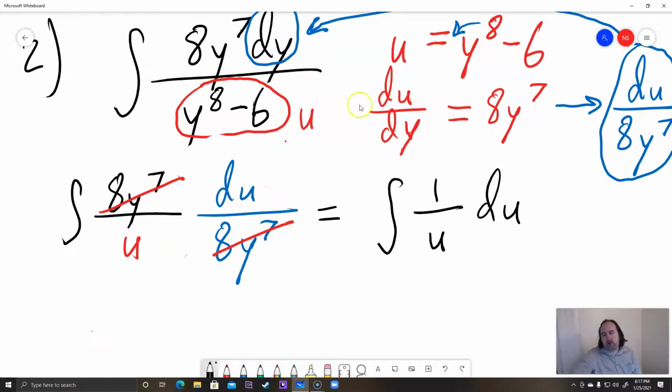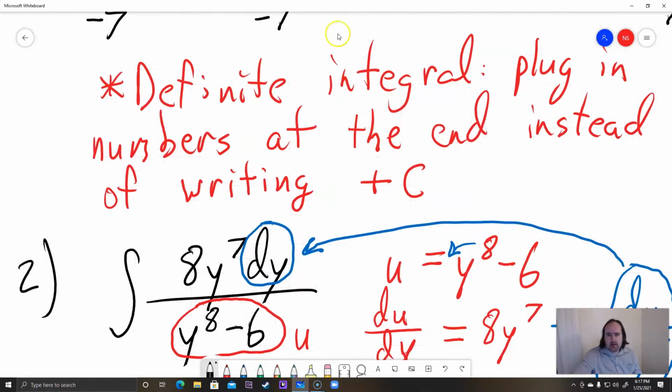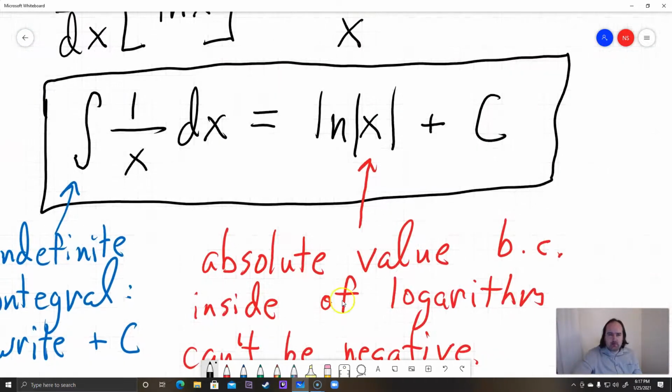And remember, the integral we learned was in terms of x, but this one is in terms of u, and it has the same layout as the formula that we learned up here. So instead of the integral of 1 over x dx, we have the integral of 1 over u du. The only difference between those formulas is we're replacing each x with the letter u.